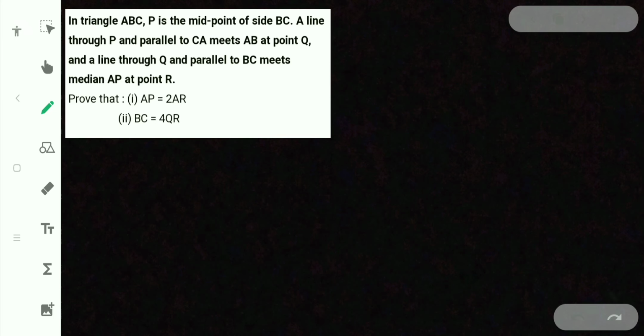A line through P and parallel to CA meets AB at point Q, and a line through Q and parallel to BC meets median AP at point R. Prove that AP is equal to 2AR, nothing but half AP is equal to AR, and BC is equal to 4QR, nothing but QR is equal to 1 by 4th of BC. Now let us think how to solve it.